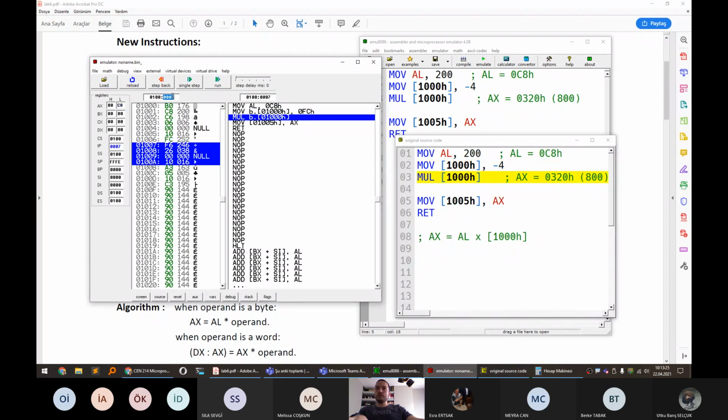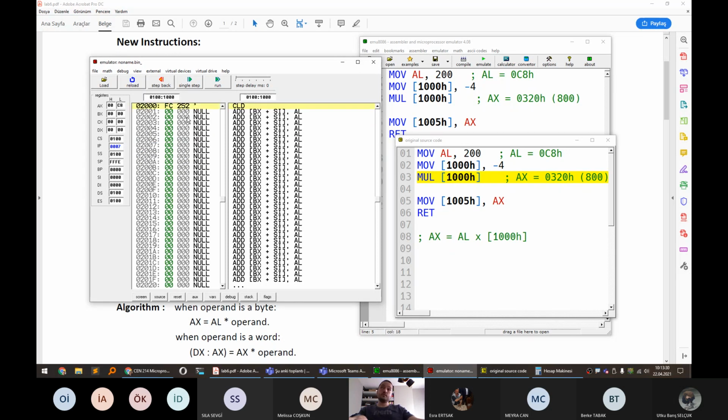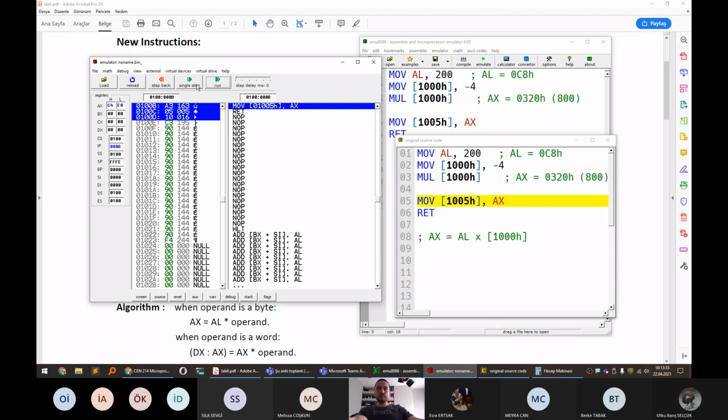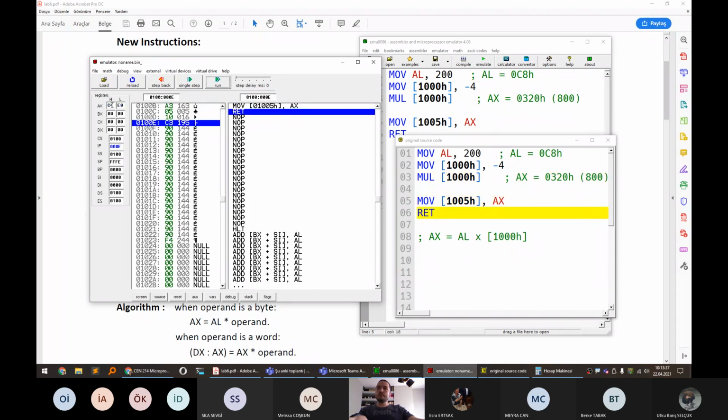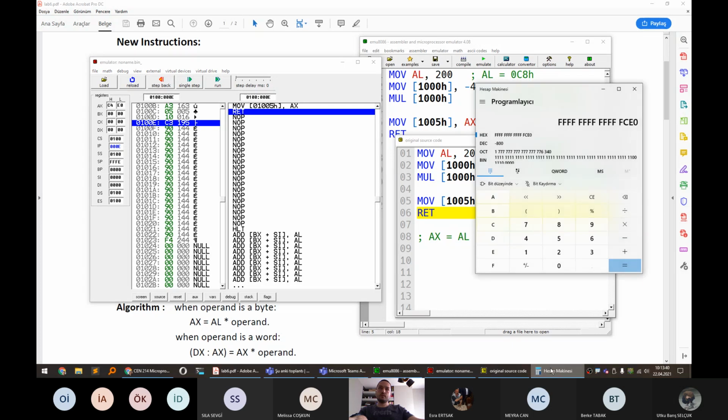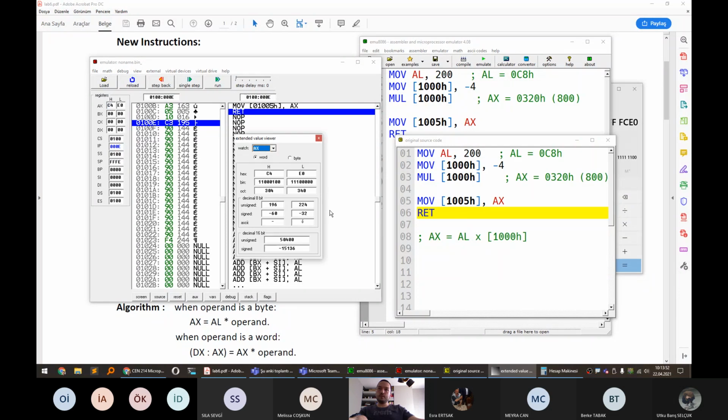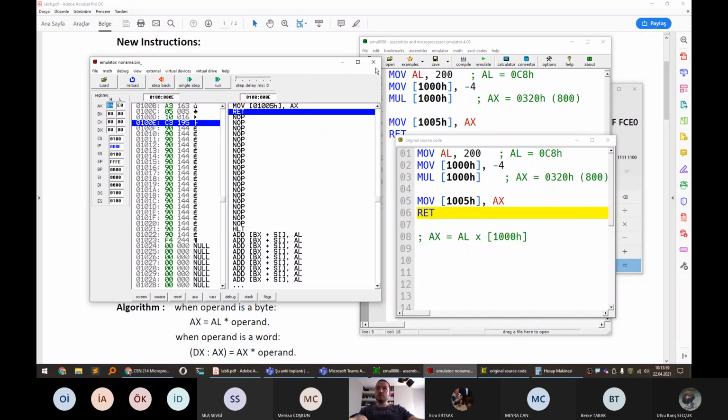Minus 4 is in the 1000 address, which is FC. The result in AX should be FCE0, but the result looks like C4E0. So this is wrong. When you open this and look at the numbers, none of these are the correct value.